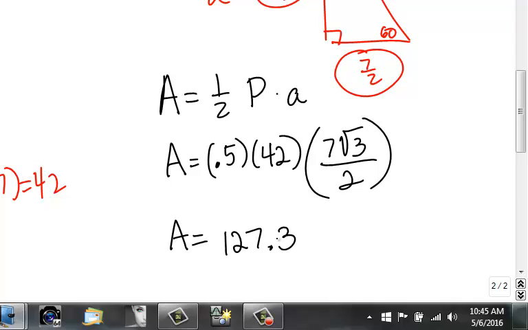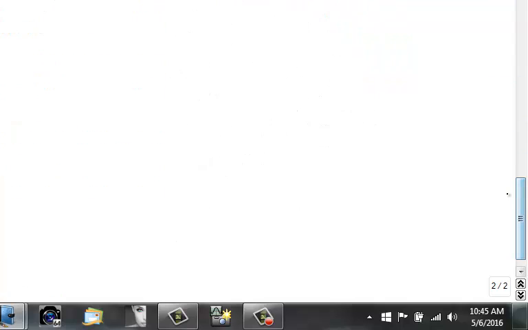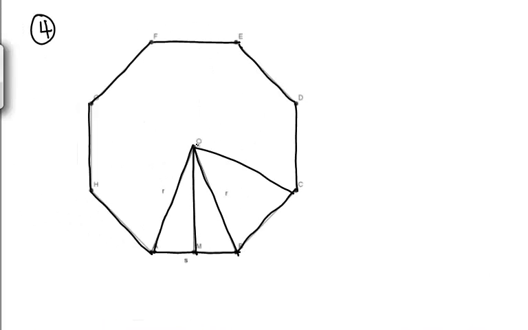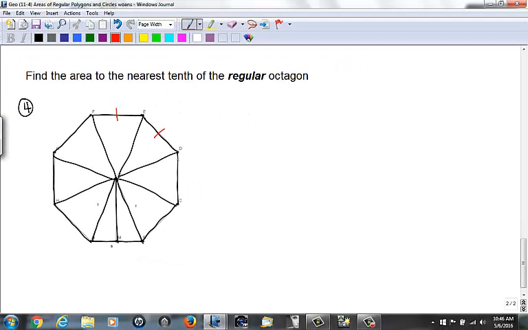Okay, so every regular hexagon is going to be a 30, 60, 90 right triangle. They're not quite as much work. Okay, go to the bottom one, the octagon. For the octagon, you split it up into 8 triangles. It's got 8 sides, and each one of these is congruent.